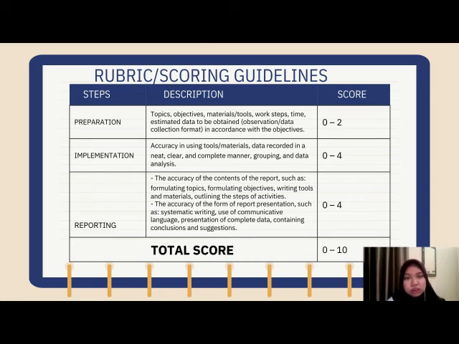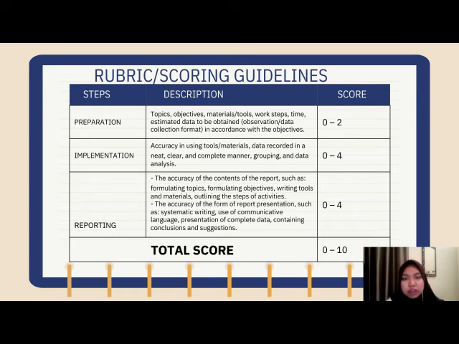And then the second step is implementation, consisting of accuracy in using tools or materials, data recorded in a neat, clear, and complete manner, grouping and data analysis, from score 0 to 4.